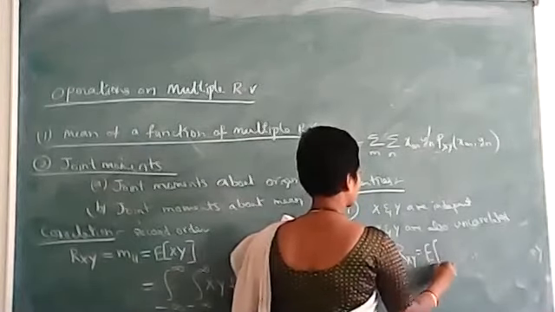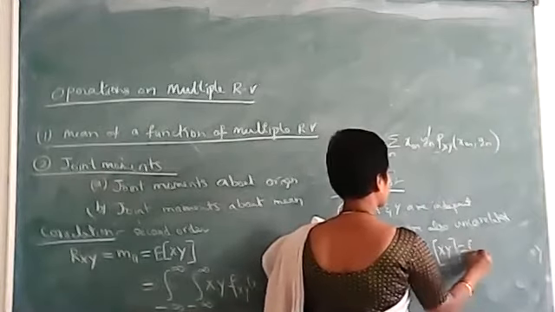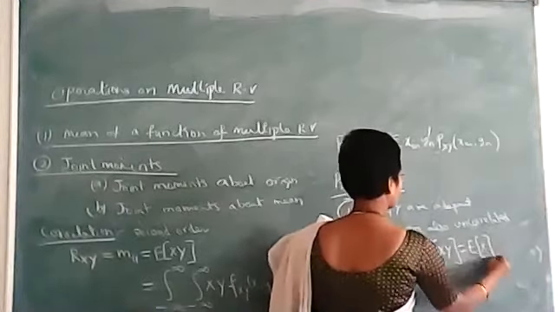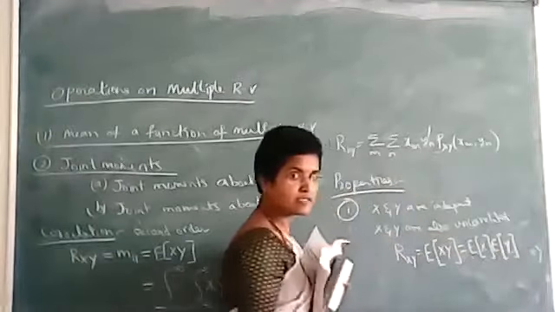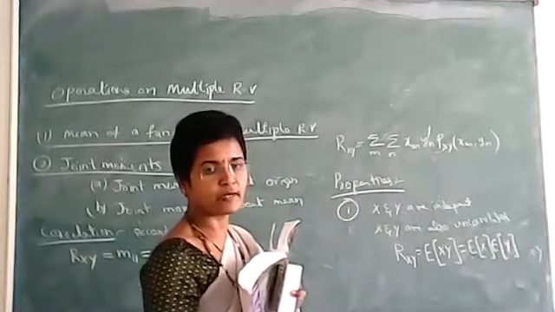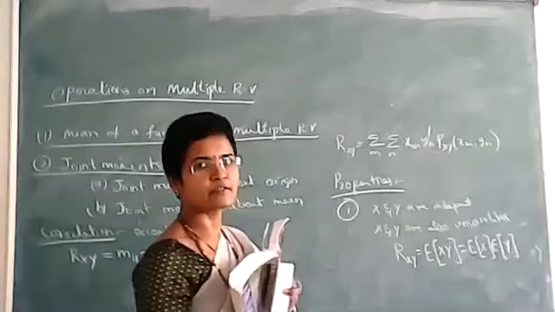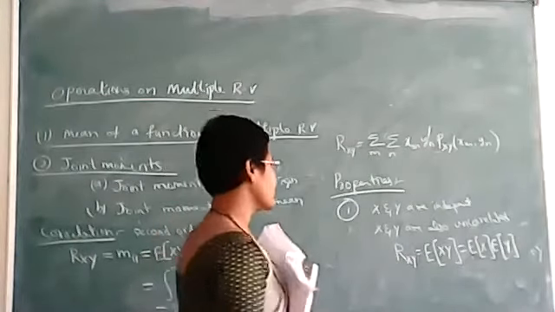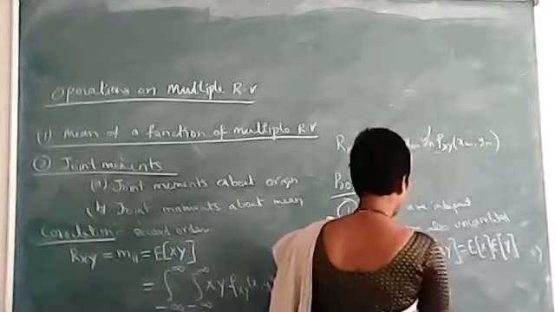Rxy will be equal to expected value of xy, which is expected value of x into expected value of y, because x and y are independent. Statistical independence means expected value of xy is equal to expected value of x into expected value of y.